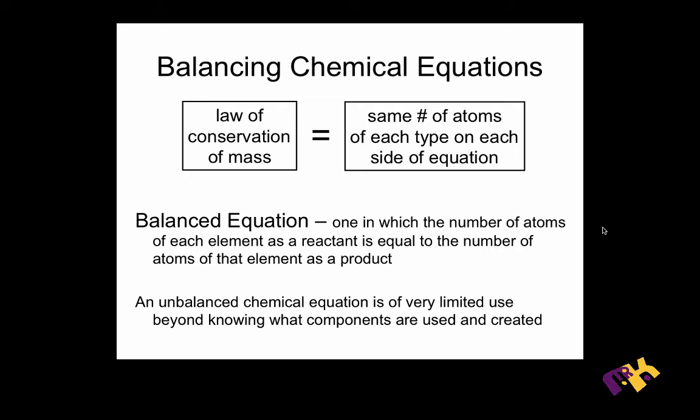We can also use the balanced chemical equation to determine which reactant would run out first. And we would say that the reactant that does run out first would limit the reaction.